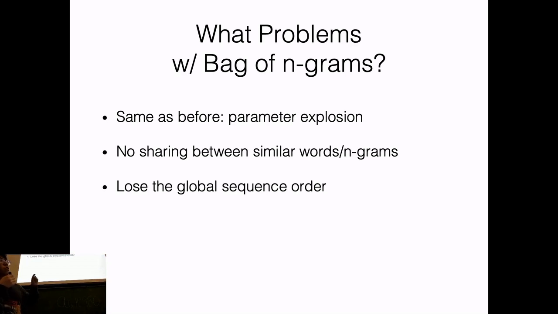The first and second disadvantages arise because if we use n-gram models, we usually need to introduce multi-layer perceptron layers. So different granularity n-grams would require different types of parameters. The third problem is very normal, because you use a bag of words or bag of n-grams, so they just lose the global sequence order.